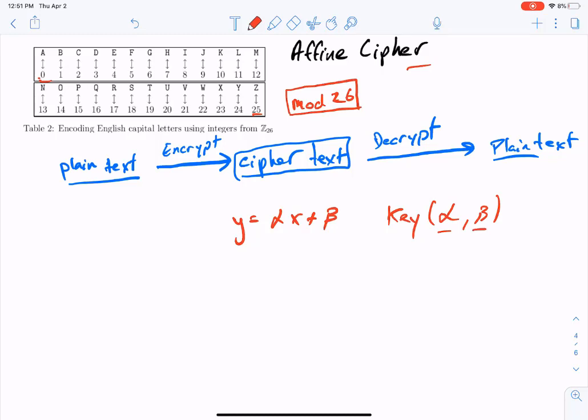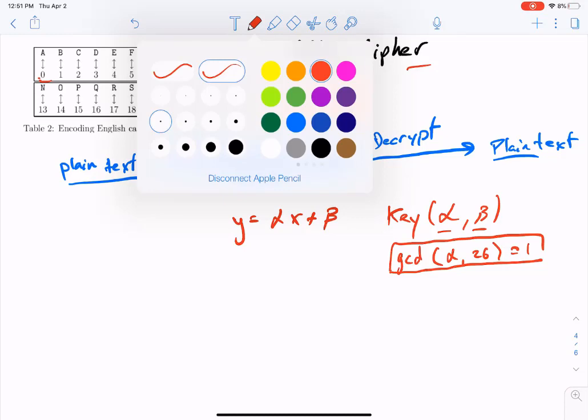And one of the requirements is that the greatest common divisor between alpha and 26, which is the modulo we're doing, has to equal 1. I'll explain why later on, but this is the important part. Technically alpha and beta can be any value between 0 and 25, except only really beta can, because alpha has to satisfy this condition.